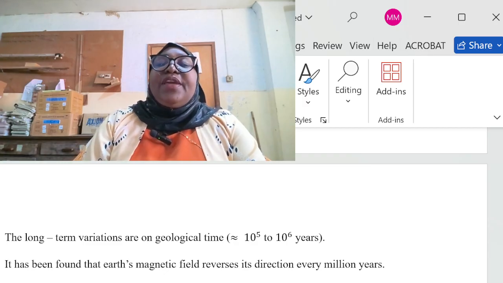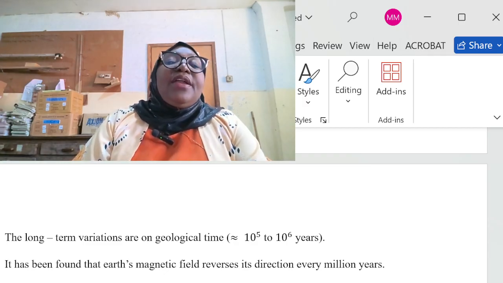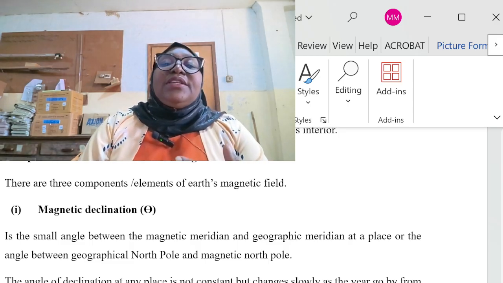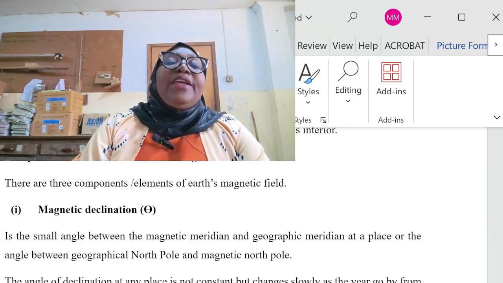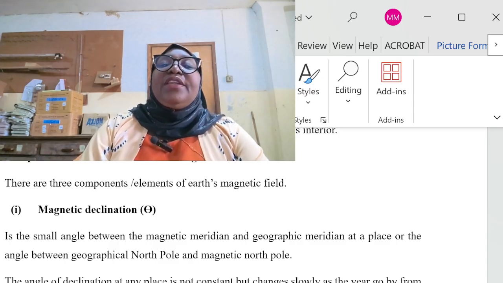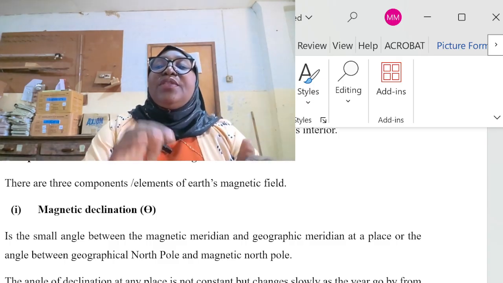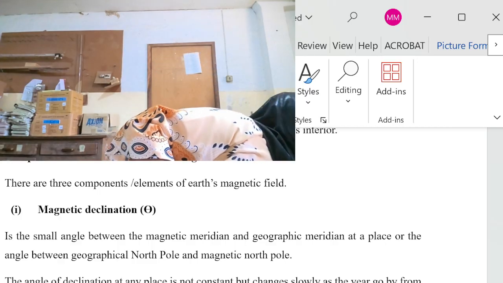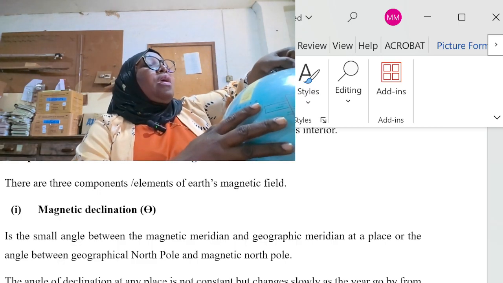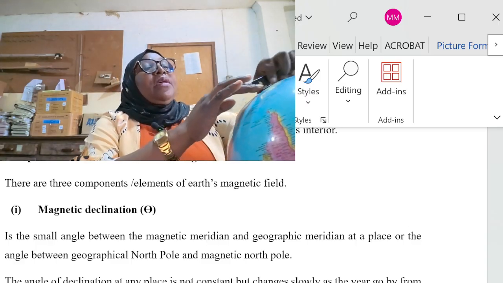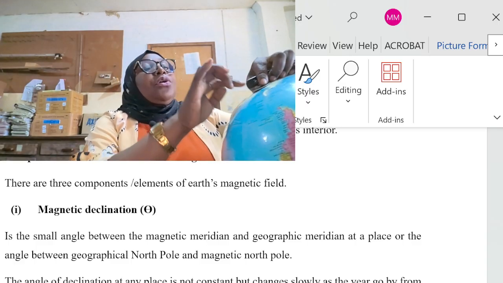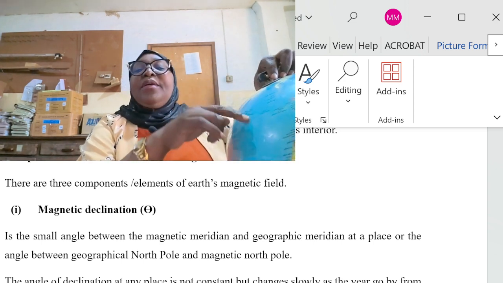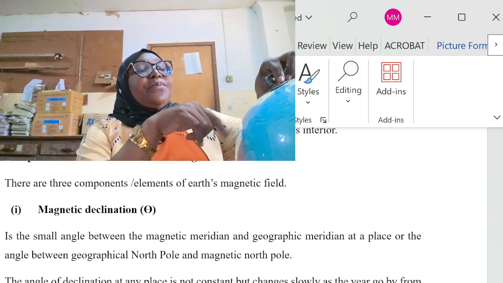Components or elements of the Earth's magnetic field. There are three components of the Earth's magnetic field. First, the angle of declination, theta. This is the small angle between the magnetic meridian and the geographic meridian, the angle made between the geographical North Pole and the magnetic South Pole.